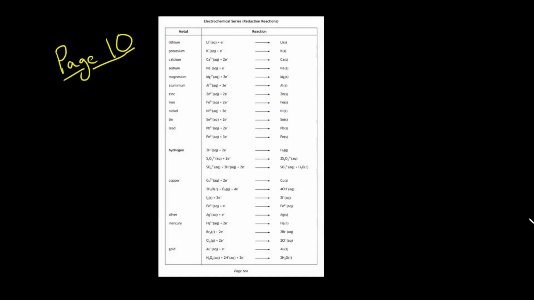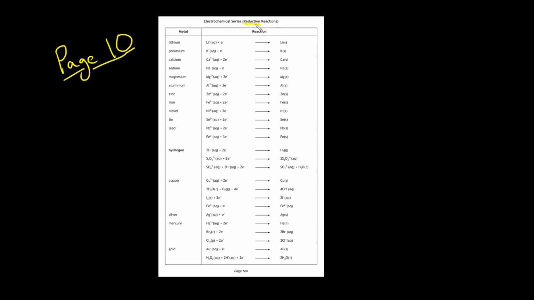Now, you are all very familiar with the data booklet, and you've probably, when you're leafing through it, have seen this page before. It's the very last page, page number 10, and we have this, I suppose it's like a league table of different metals, with our most reactive metals at the top and our least reactive metals at the bottom. This is called the electrochemical series, and within the table we have got all of these little reactions, sometimes called half reactions, and they are all an example of reduction reactions.